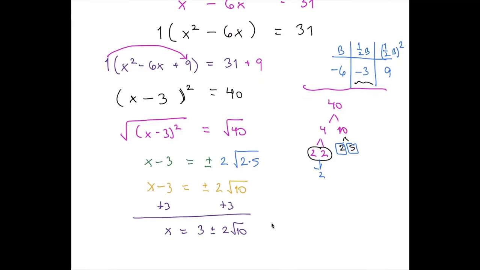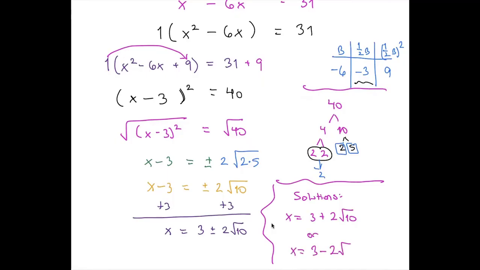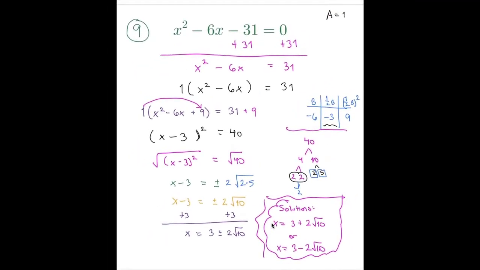So the simplest thing to do, of course, is just write our solutions. So that means our solutions separately are going to be x equals 3 plus 2 square root of 10. And then the other one is x equals 3 minus 2 square root of 10. Okay? And so those are going to be my two solutions. And so there is that for this problem.